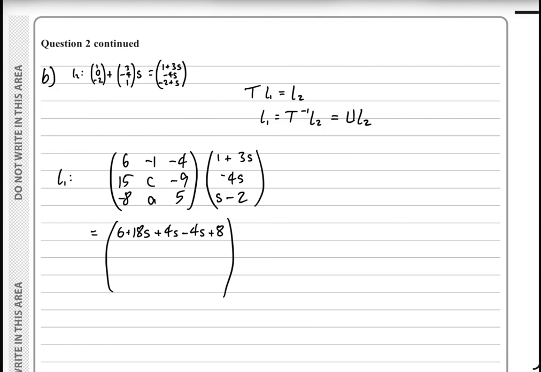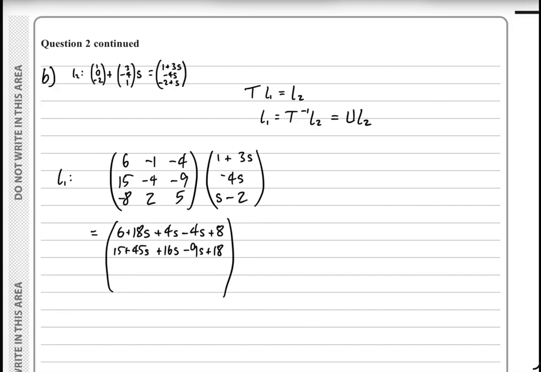Then 15 times 1 plus 3s and c, oh, I should put c and a in, shouldn't I? C was a minus 4 and a was a 2. So minus 4 times minus 4s plus 16s and minus 9s plus 18.